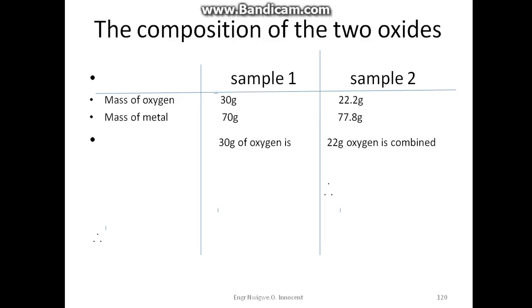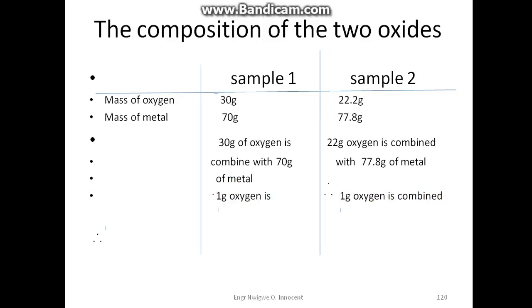That is, 1 gram of oxygen is combined with 1 over 30 times 70 gram of metal, which will give us 2.3. While for sample 2, 22.2 gram of oxygen combines with 77.8 gram of metal.